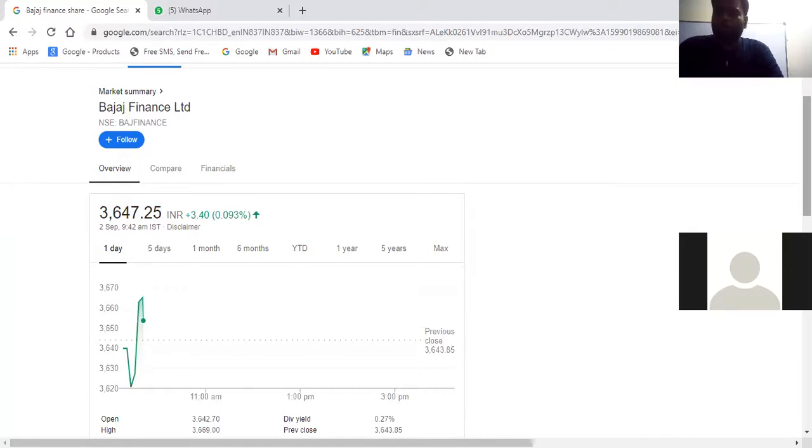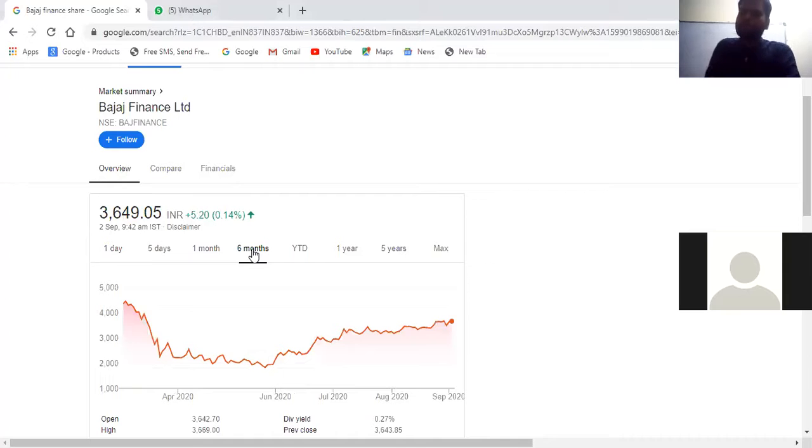Okay, they will give the loan and after getting the loan you will pay the installment. Okay, see here, this is the position of the Bajaj Finance. First, the value of the share was more than 4,000. But because of the COVID, what happened? Why do shares fall in COVID?